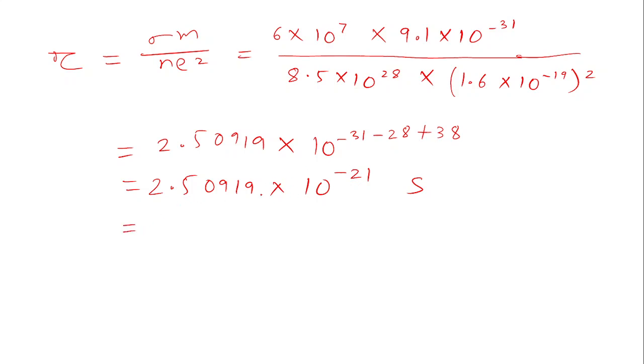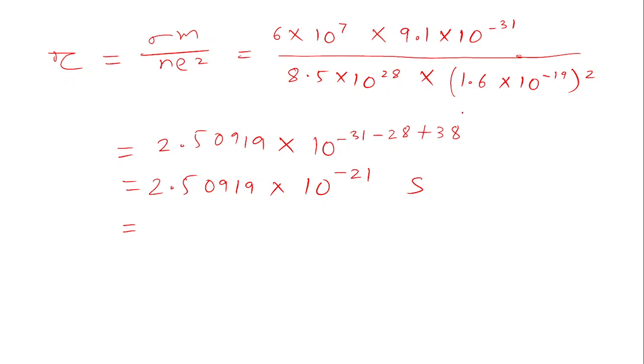Did we do some problem here? No, everything is fine. This is 10 to the power minus 19, so its square will be 19 times 2, yeah, that is correct. It is 38 and it is 28. This is 31.